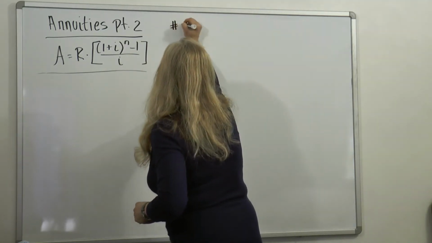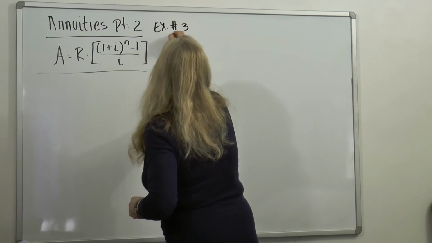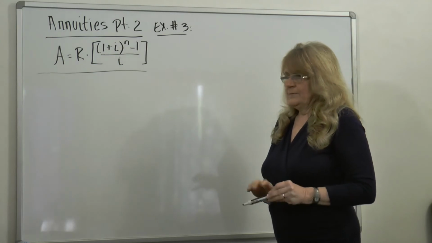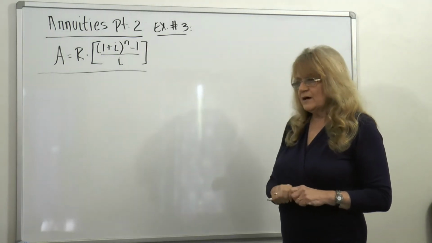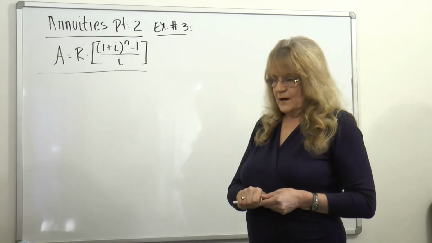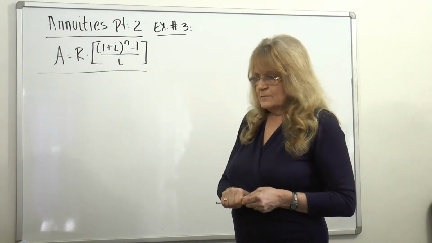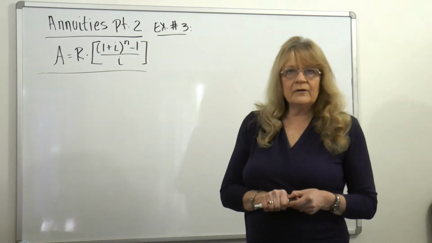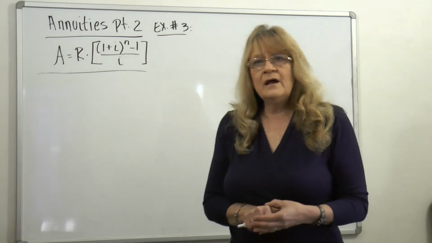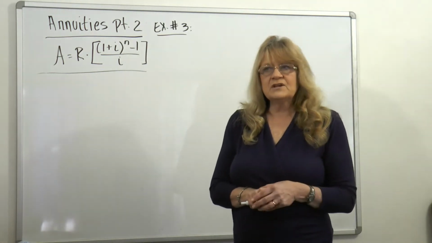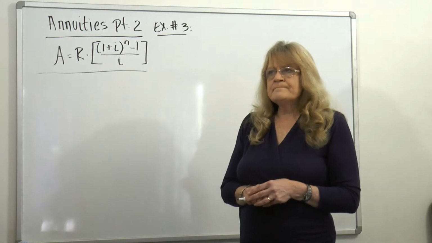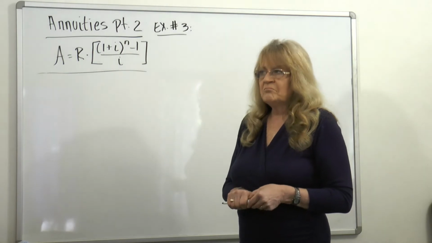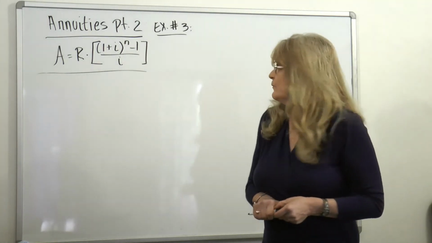So, do example number 3. Okay, let's say that you're saving up for a down payment on a car. Let's say you don't have a car right now that you could trade in and get anything, okay? And let's say, just for the sake of discussion, that you're working and you can afford to put, say, $100 a month away, okay?